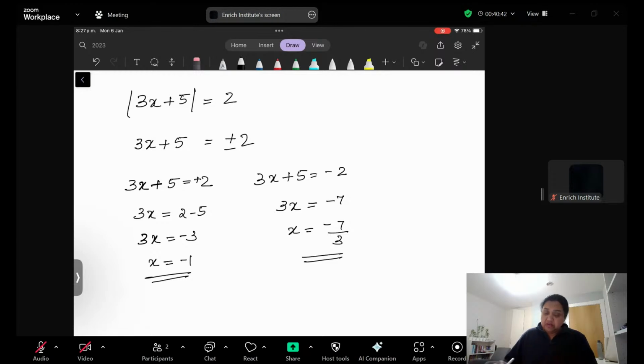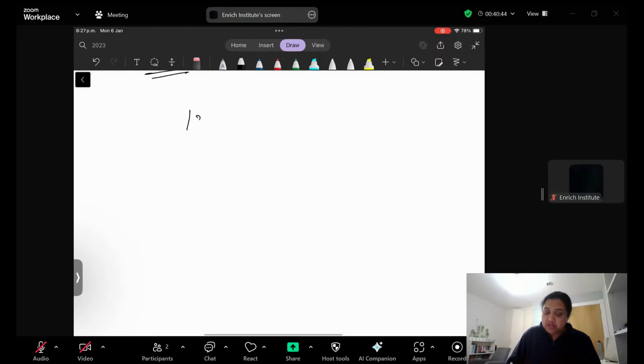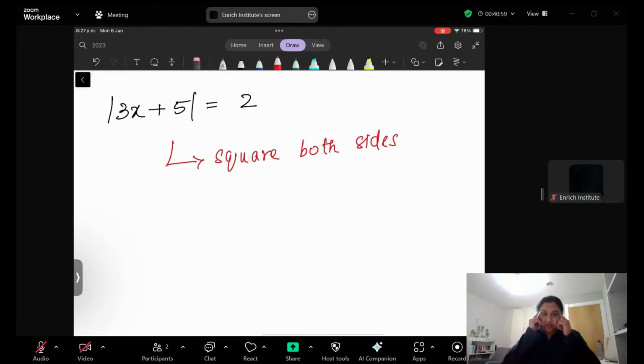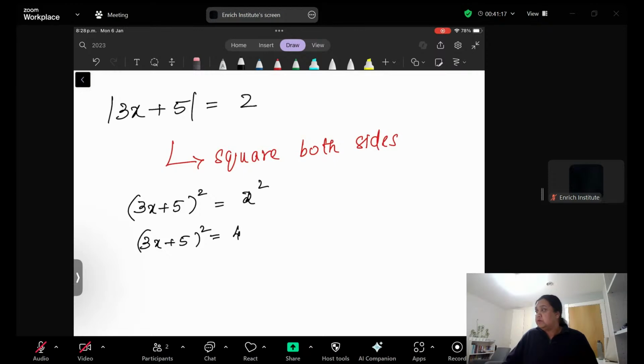The second method is, let me take the same question here: modulus of 3x plus 5 is equal to 2. As soon as you see modulus, you remember to square both sides. So these are the tips. As soon as you see modulus, square both sides. So 3x plus 5 the whole square is equal to 2 square, which is 4.